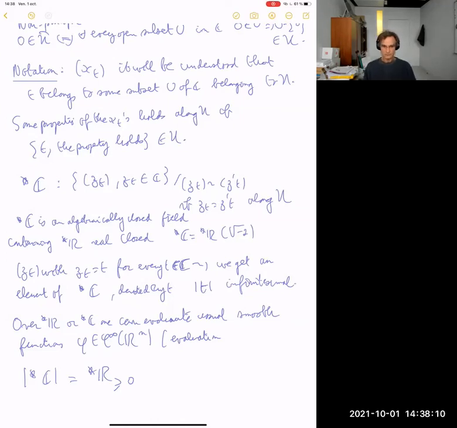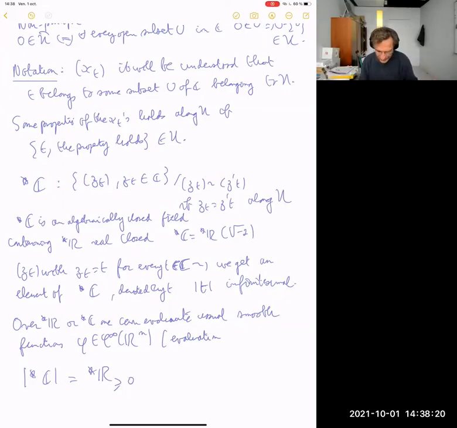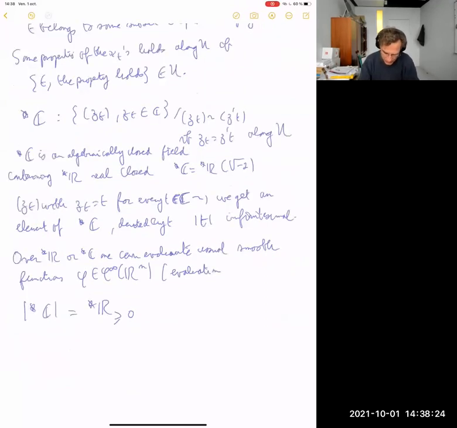So everything is very similar to what happens on C or on R, except that you allow infinitesimal and arbitrarily large elements. So t is a typical example of an infinitesimal element, but you can of course have plenty of others.